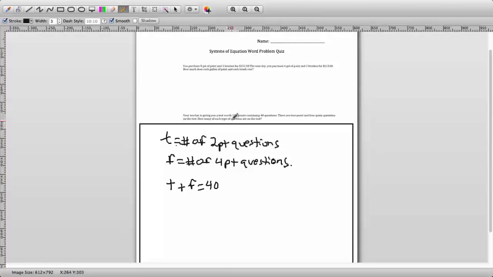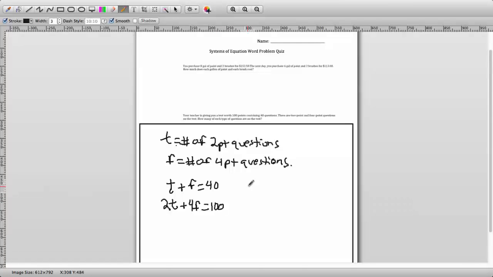Now we need one for the points. There's 100 points. Naturally, 2-point questions are worth 2, 4-point questions are worth 4. So 2 times T plus 4 times F is equal to 100.